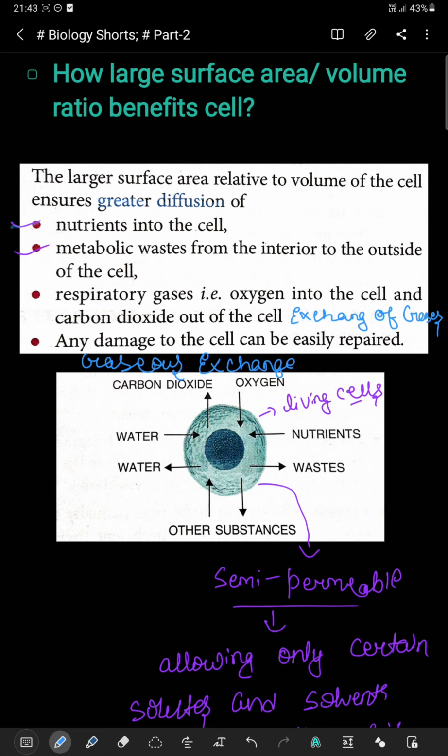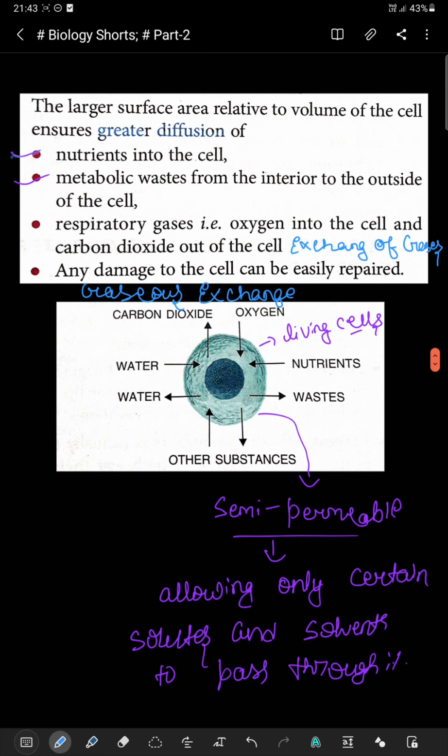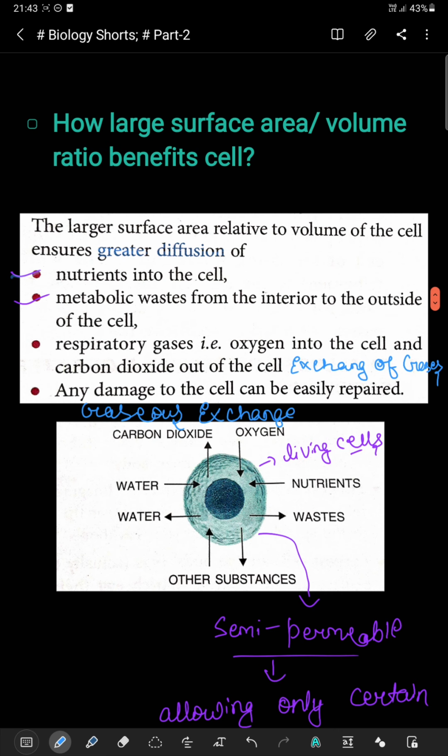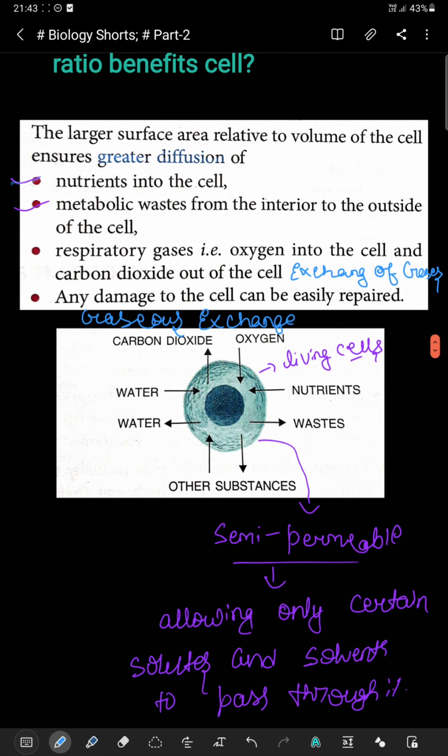If the damage is more, the cell is killed, but after that it forms again, or the cells slowly repair themselves, and our burn or cut gets repaired day by day. That is how damage to the cell is easily repaired, and this is because of the large surface area and the process of diffusion, which allows substances to go inside, and the metabolic process which takes place inside helps remove the damage from the cells.